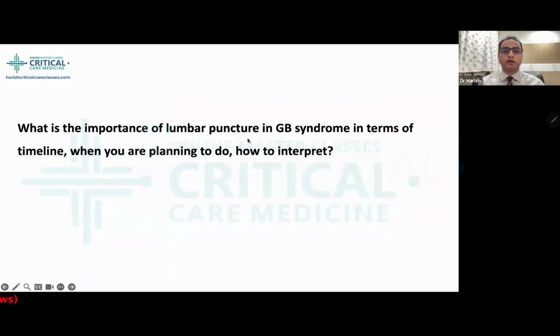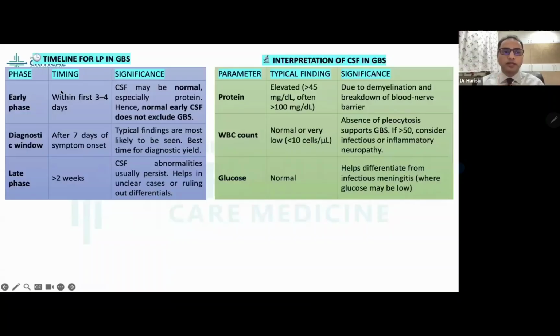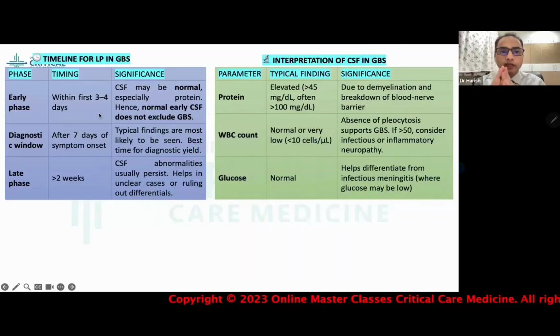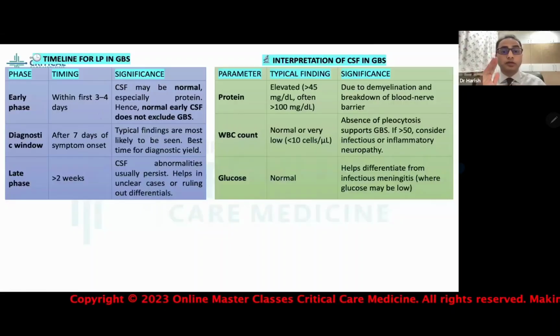Next question: what is the importance of lumbar puncture in GB syndrome? In terms of timeline, when you plan to do it and how to interpret it is a very important question. We can classify into early phase, diagnostic window and late phase. Within 3 to 4 days, if you do an LP, the CSF may be normal, especially protein.